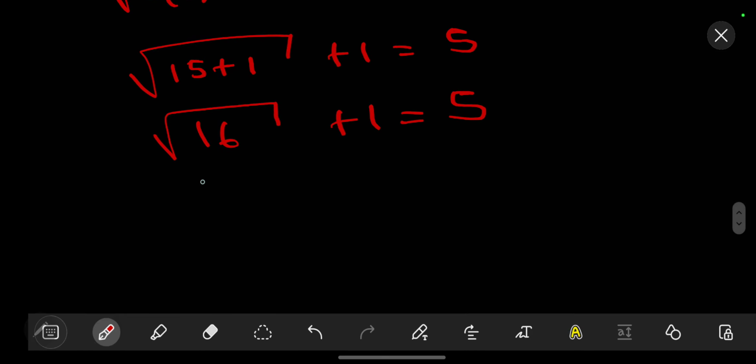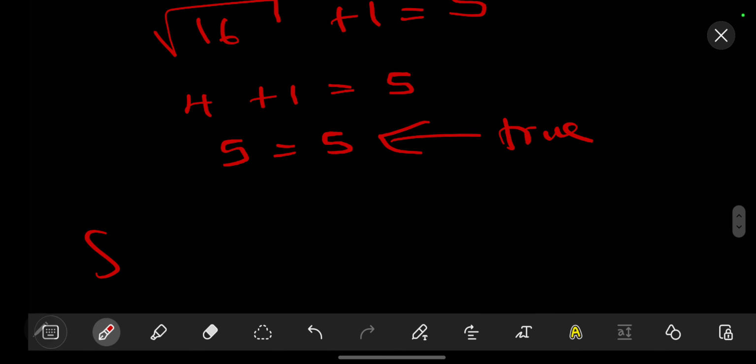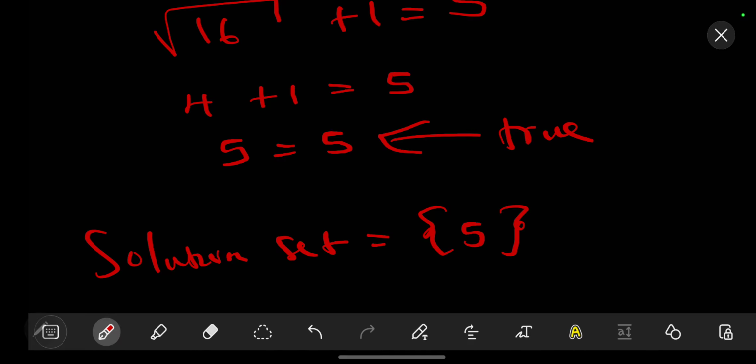The square root of 16 is 4. We have plus 1 should be equal to 5. So our 4 plus 1 will be 5 should be equal to 5. So this one is already true. So already this is true. That means to say that your solution set will be equal to what value is working. So when x is equal to 5, the value is working.